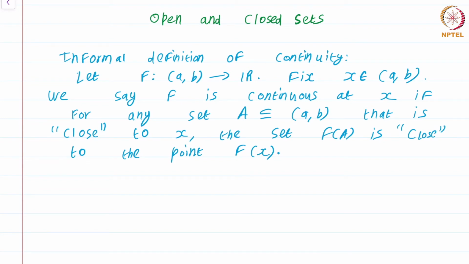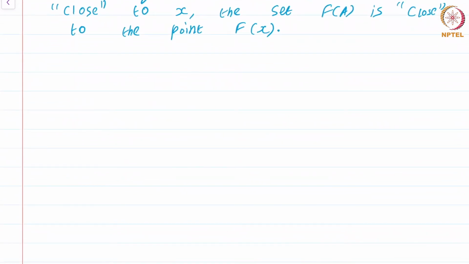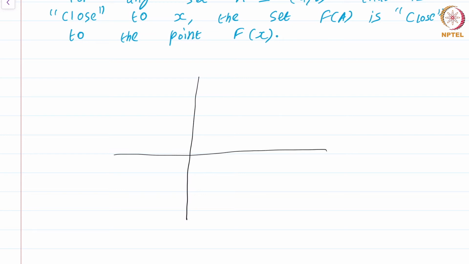For that, let me first draw a graph of a function whose continuity we are trying to analyze. Let's say this is a, this is b. Let's say this is the function and this is the point x at which I want to see whether the function is continuous. Let's say what happens is, as soon as you touch x, the function sort of zooms, like the stock price of the software Zoom for the past few months.